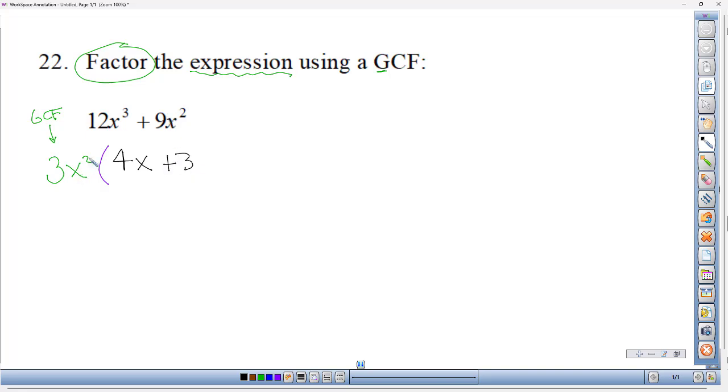Positive 3. And I already have x squared, and all I need to do is end up with x squared. So there it is. There is the factored version of this expression. We took this, which is basically a product, and we turned it into factor times factor. That's what factoring does. It makes a multiplication problem.